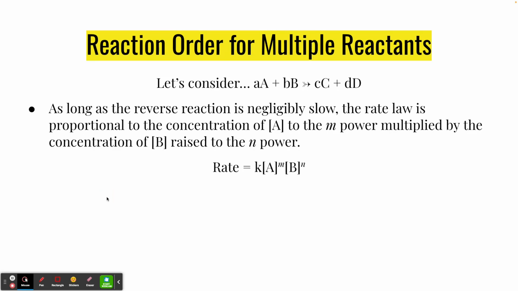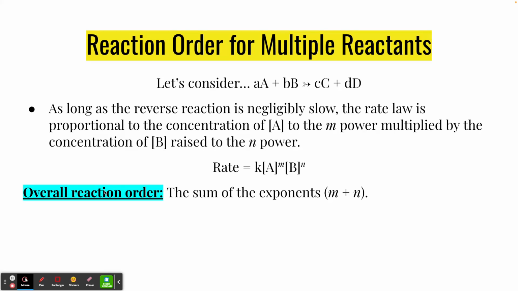So that's how I would express my rate law: rate equals k times the concentration of A to the m times the concentration of B to the n power. In order to find the overall reaction order, I would simply add the exponents together, m plus n.